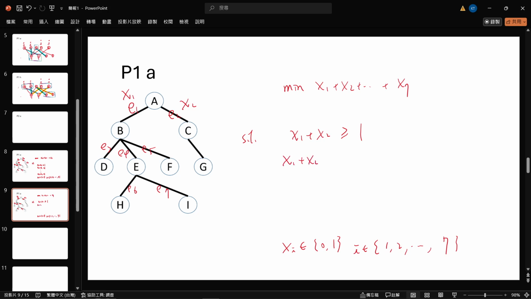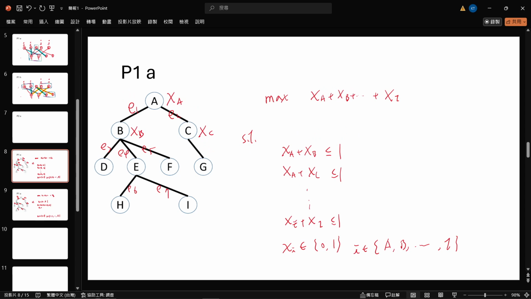So we have this constraint. Okay. So for C, this becomes x2 plus, oh no, I think I've missed an edge here. So actually we have 8. Okay. So 7, sorry.